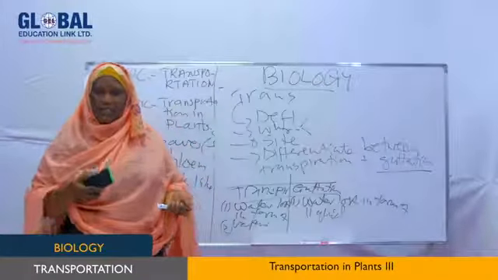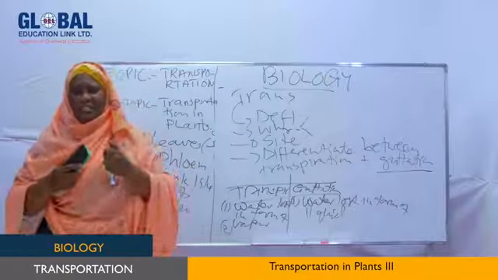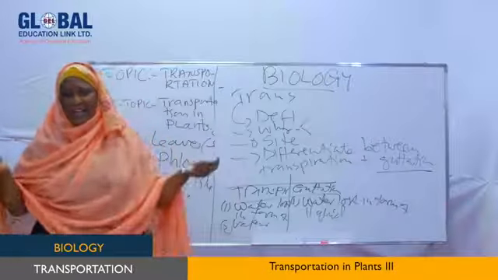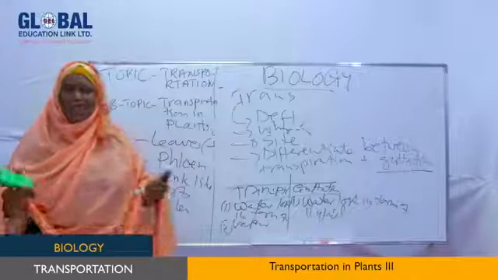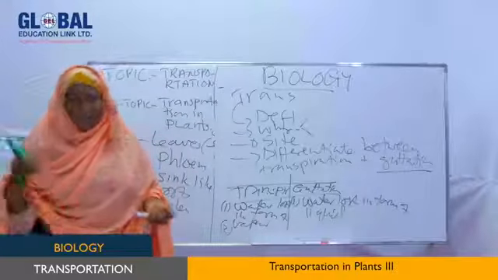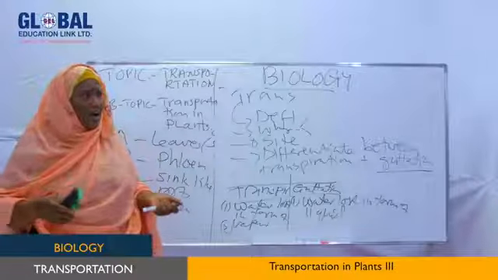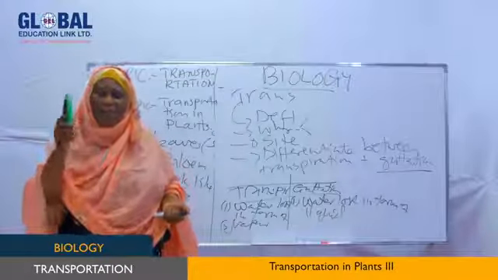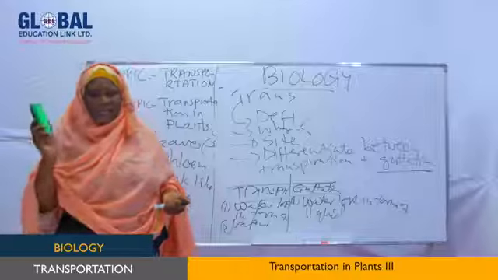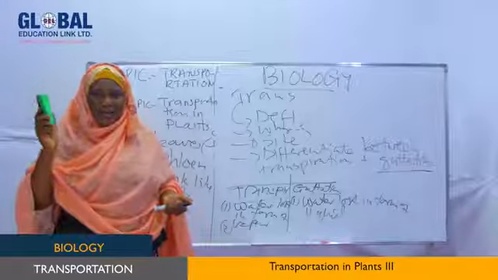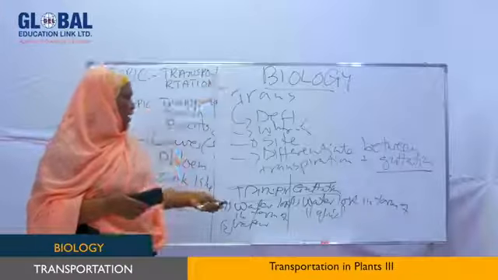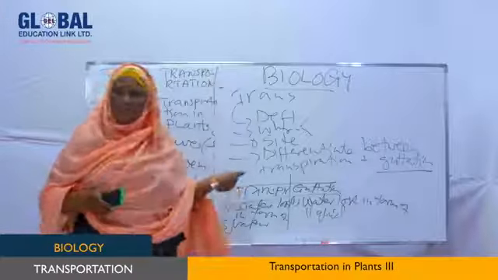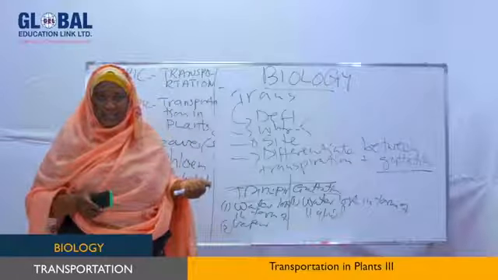Apart from that, you may also consider humidity in the atmosphere. I think you know what humidity is: the amount of water vapor in the atmosphere. So, if there is high humidity in the atmosphere, it is difficult for transpiration to take place.